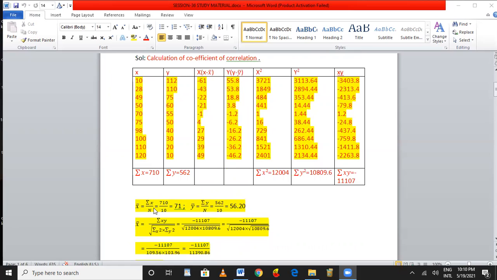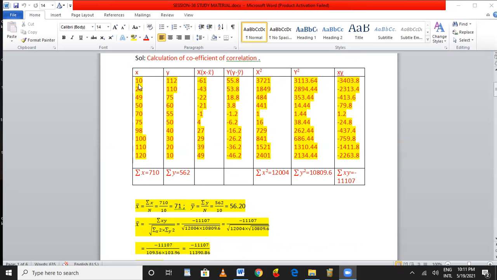We have to take the deviation from 71 for the first series.